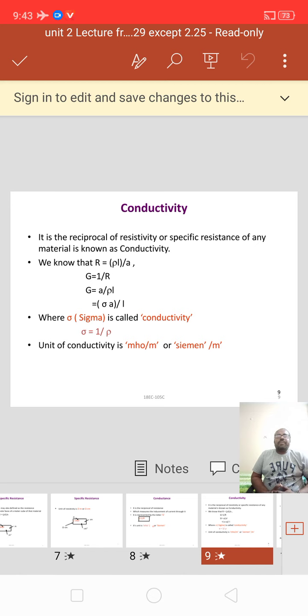We know that 1 by rho equal to sigma, that is nothing but the conductivity of the material. So G equal to sigma into A by L. Units of conductivity is mho per meter or Siemens per meter.